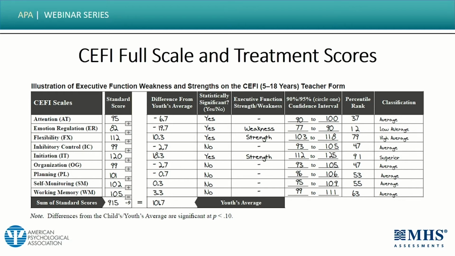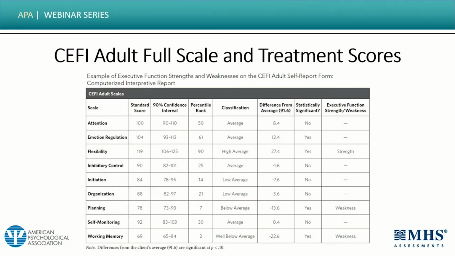Had this person had 3 or 4 or 5 low scores, the total would have been low, and then we would have been able to explain what that total score means according to these specific areas, and of course that leads right to intervention. We have the same system for the CEFI adult. These treatment scales really are about understanding what the total score means.